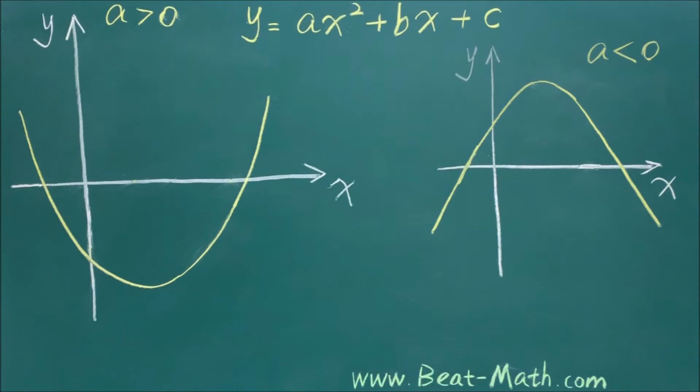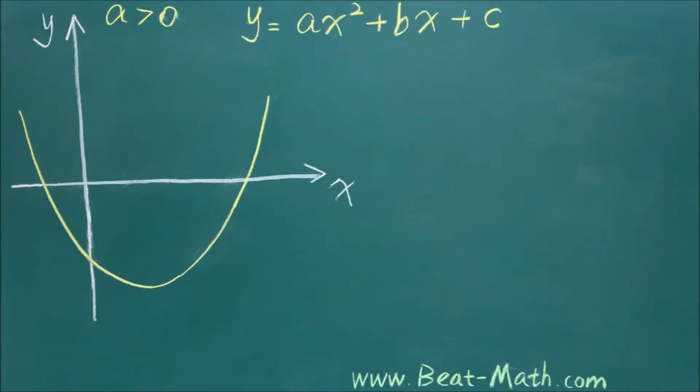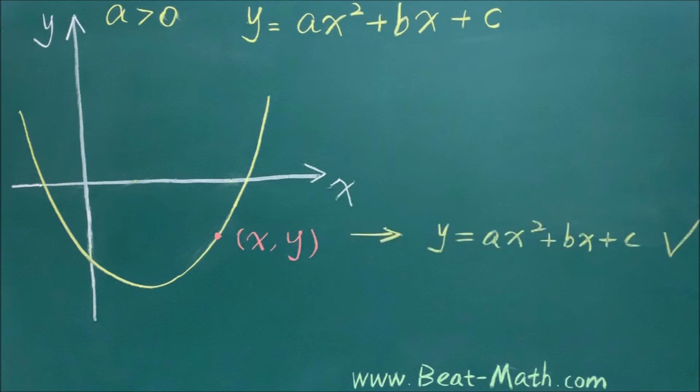As we just mentioned, every solution is a pair that consists of an x and a y. It's also a point with an x coordinate value and a y coordinate value. Given a point x, y, if the point is on this curve, the values of x and y make the quadratic equation true.